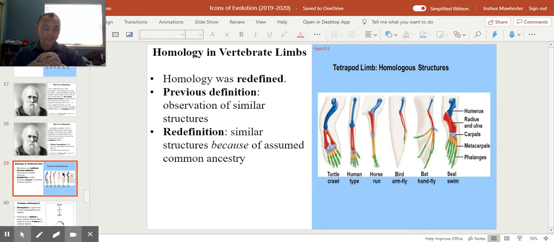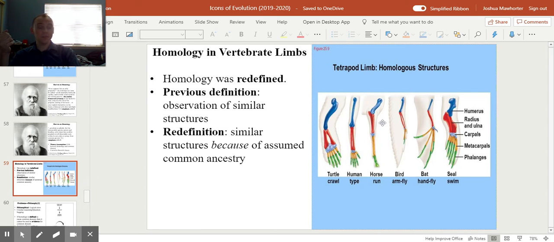The other thing is the fallacy of reification. The fallacy of reification is the switching of a name or a definition, and that's what happened here. Definitionally, homology was just similar structures, right?